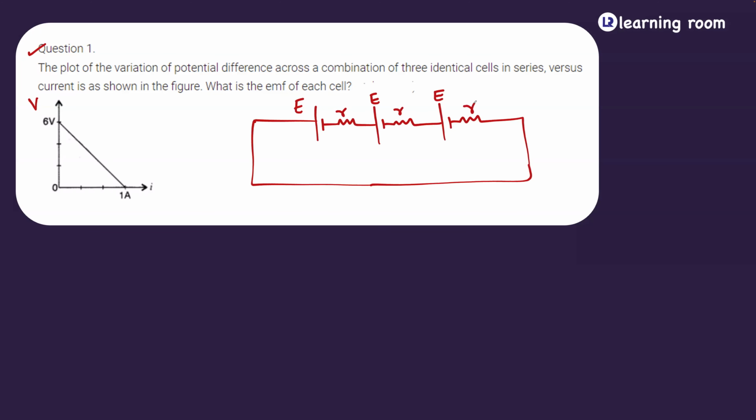So basically, if you observe, these three cells put together can be replaced with a cell of EMF 3E and internal resistance of 3R. Okay. Now, how to solve this problem?